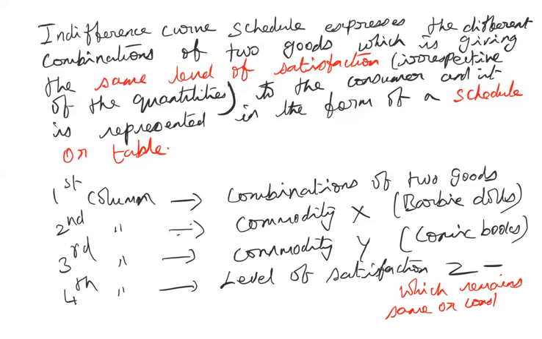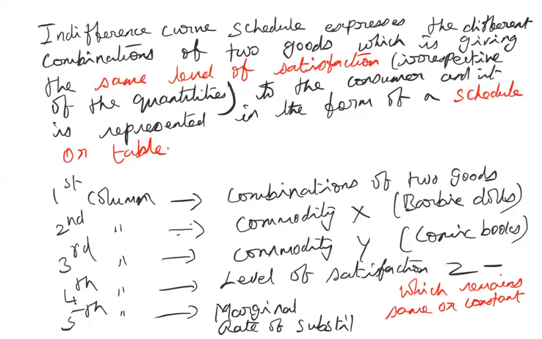This is the main thing in indifference curve. All the combinations should give the same level of satisfaction to the consumer. And fifth column represents the marginal rate of substitution.